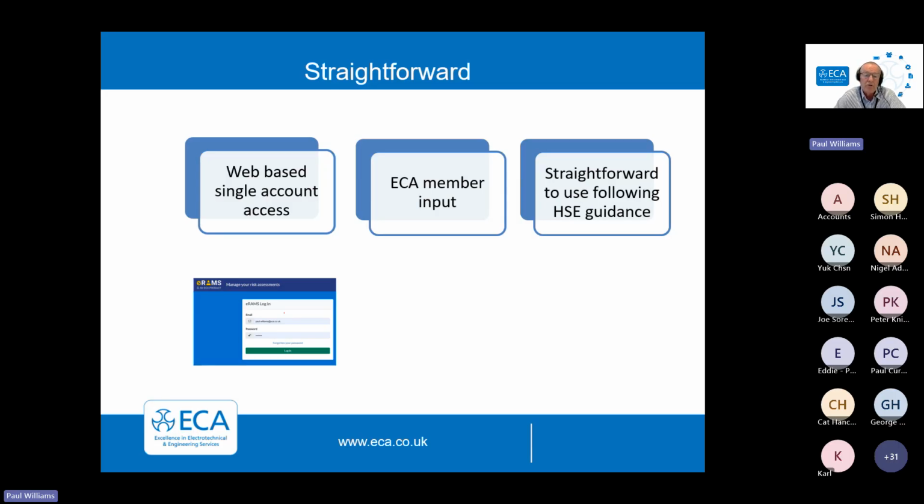The advantage of that, of course, is that if somebody goes on holiday or they're off sick or leaves the business, you've still got the RAMS available. If you create sign-ons for individuals, that also improves the traceability because you can see who's done what with the particular RAMS, which is a useful additional feature.